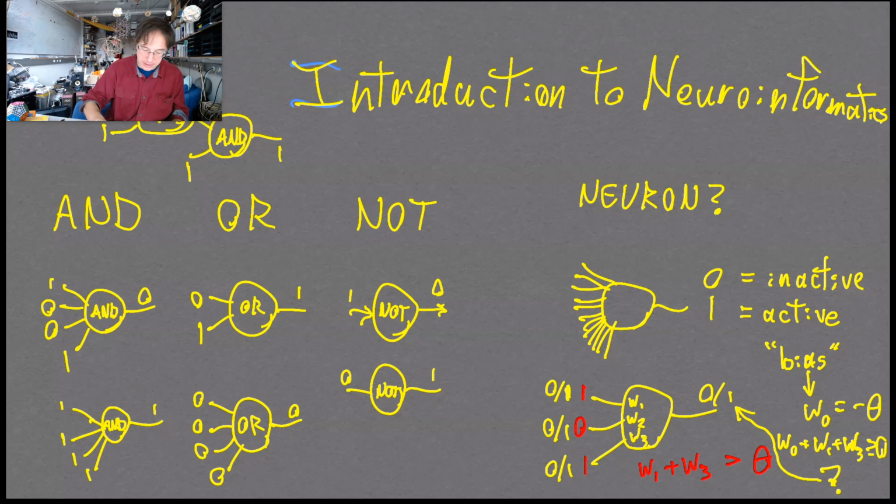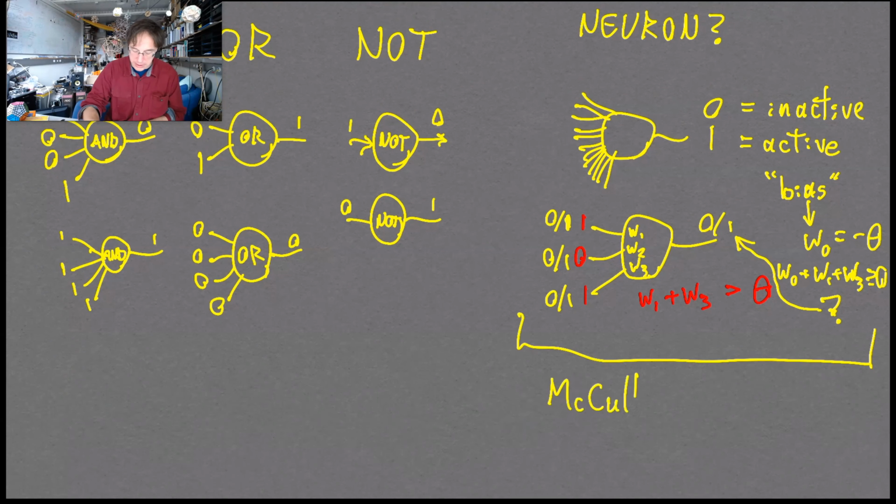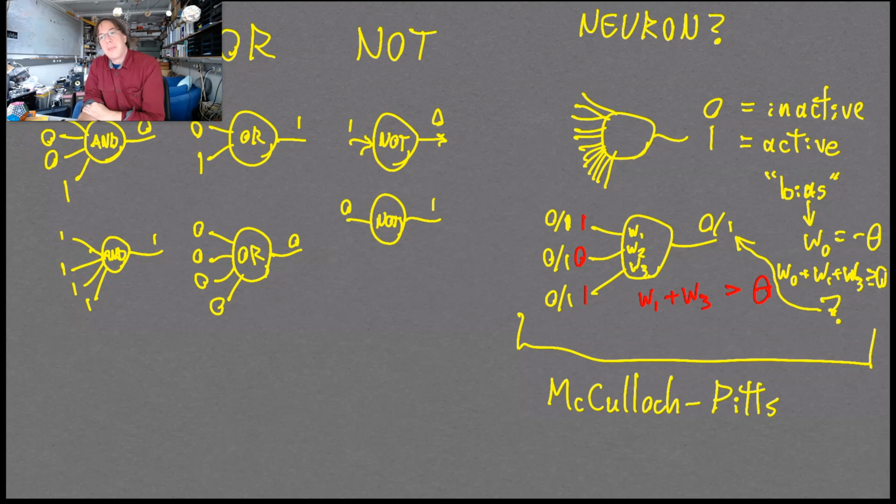Okay, so this is often referred to as the McCulloch-Pitts model. They introduced this in the 1940s. In their original model, they had a different model of inhibition. They proposed two alternate ways of treating inhibition.